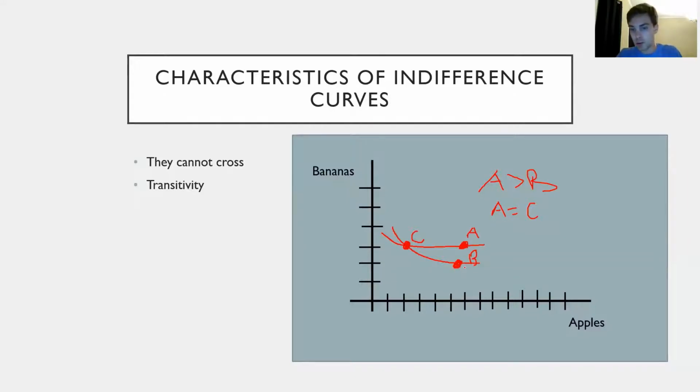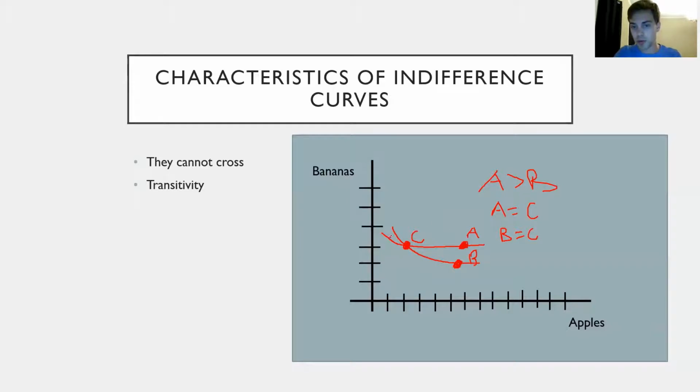And we also know that B lies on the same indifference curve as C, so B is equal to C. But of course, we know that this can't be true because we know A is greater than B, and if A is equal to C and B is equal to C, and A is greater than B, something must be wrong, right? It doesn't work logically.